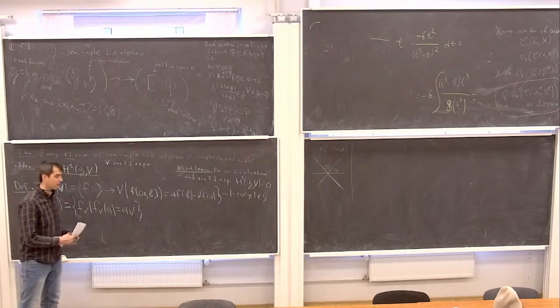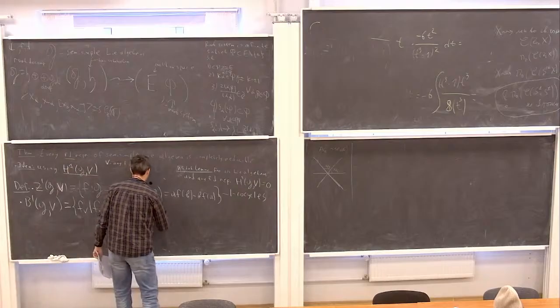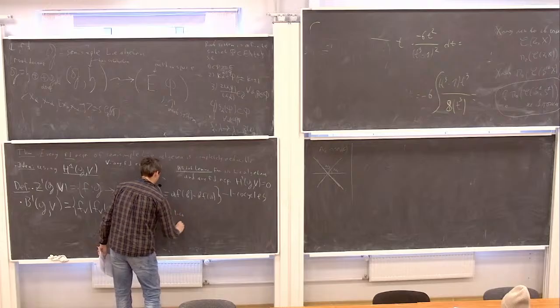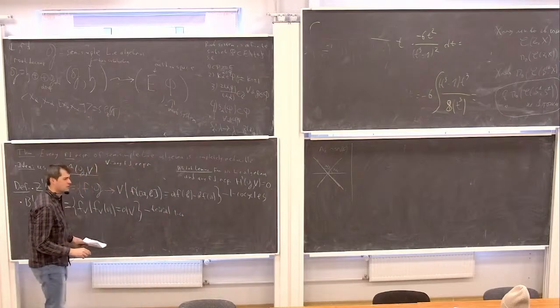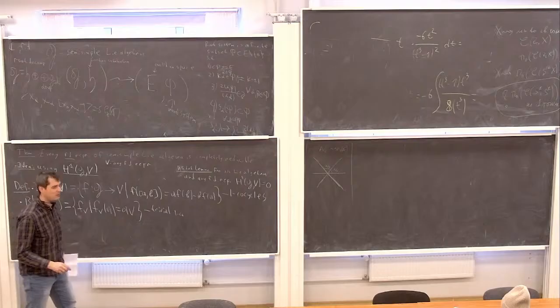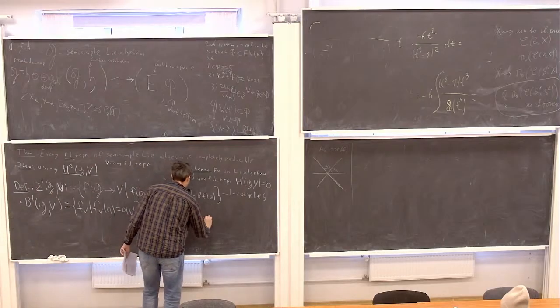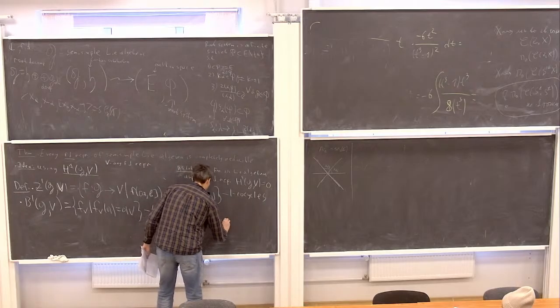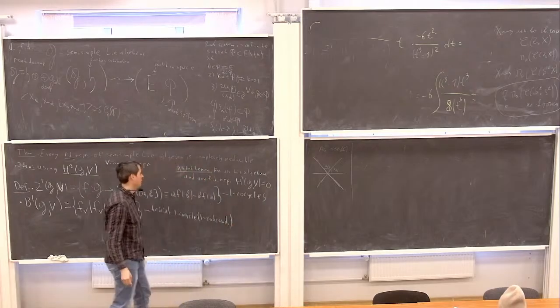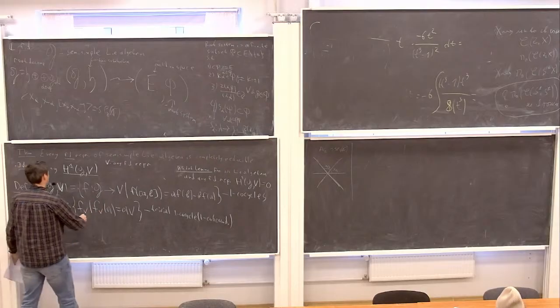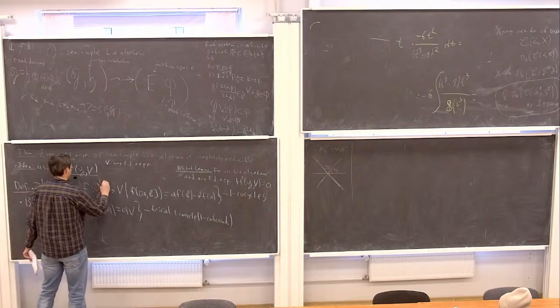This is called a trivial one cocycle, or one coboundary. F is any linear map with this property. When we work with vector spaces, all maps are linear.